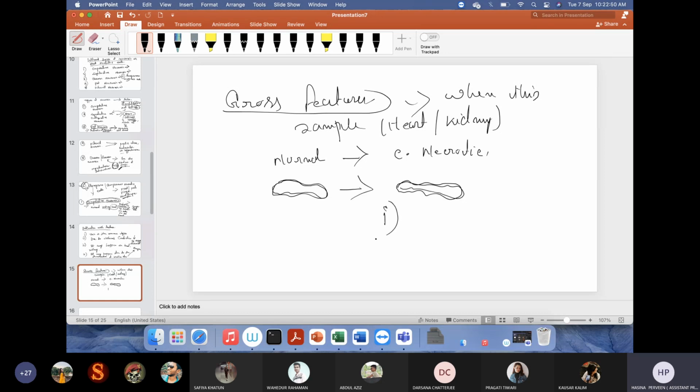Change means the gross features: the necrotic area is swollen and pale in color.